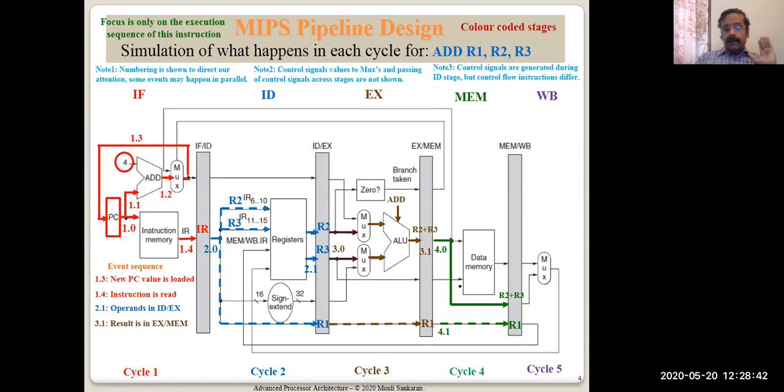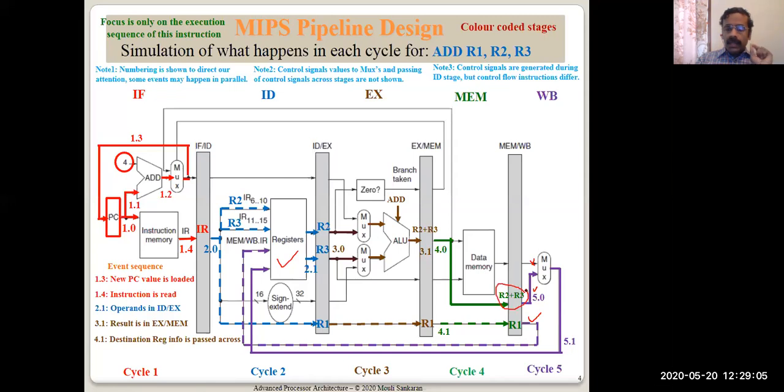Okay, this cycle is done. Next cycle, you guys should be able to understand what will be happening. It is choosing the value of this. It is not choosing something from here. Now, this R1 should go back. This control signal should go back to the register, and then the actual output of the result, which is to be written into R1, is now happening.